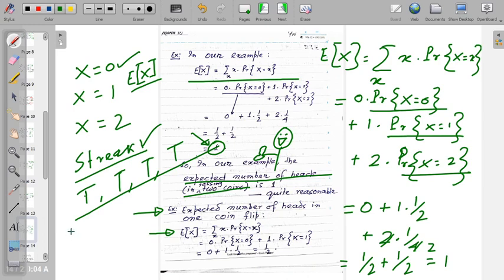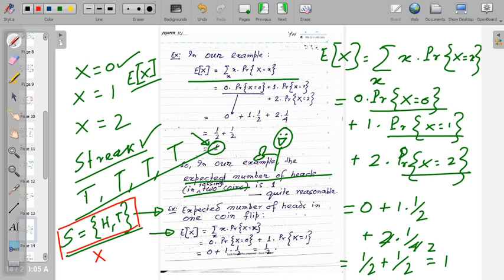If I flip one coin, we know the sample space is head and tail, and I'm looking for the number of heads. So the random variable here, I am denoting number of heads by x.